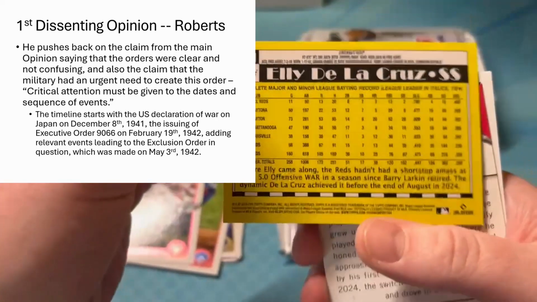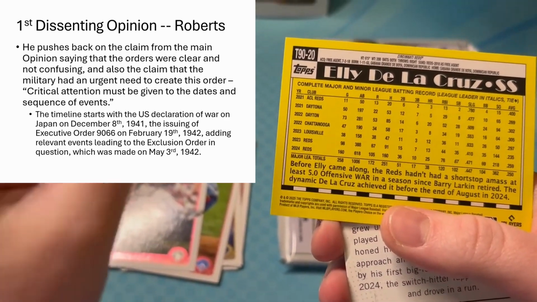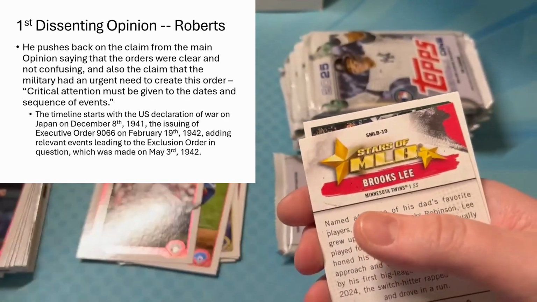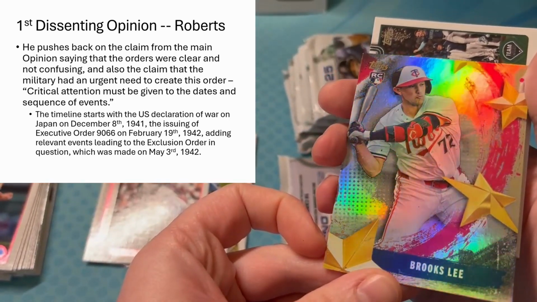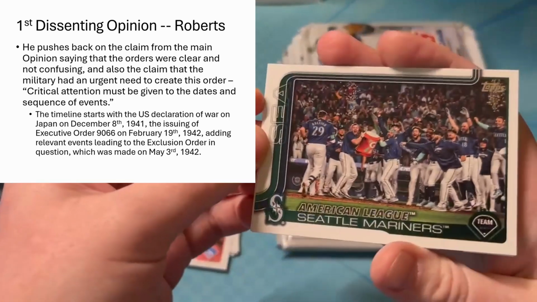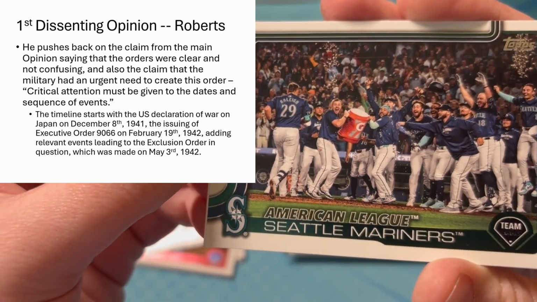He pushes back on the claim from the main opinion, saying that the orders were clear and not confusing, and also that the military had an urgent need to create this order. Quote, "critical attention must be given to the dates and sequence of events."